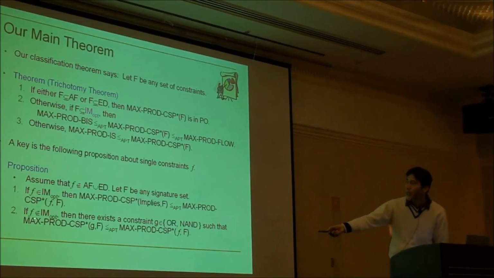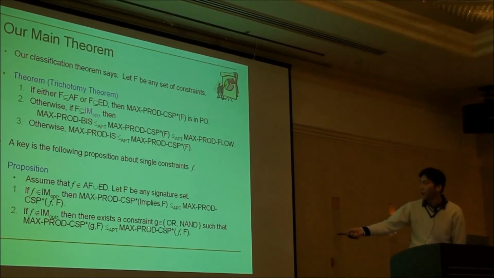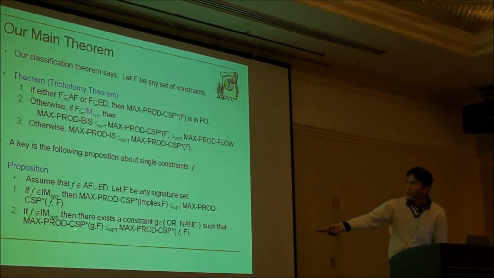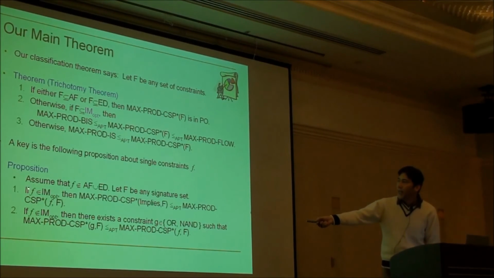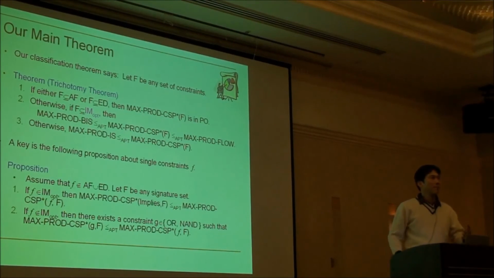But if F does not belong to IM opt, then the problem is at least as hard as max-prod CSP of G, where G is either or not. So whether F belongs to IM opt or not makes a clear distinction in the complexity of the max-prod CSP.